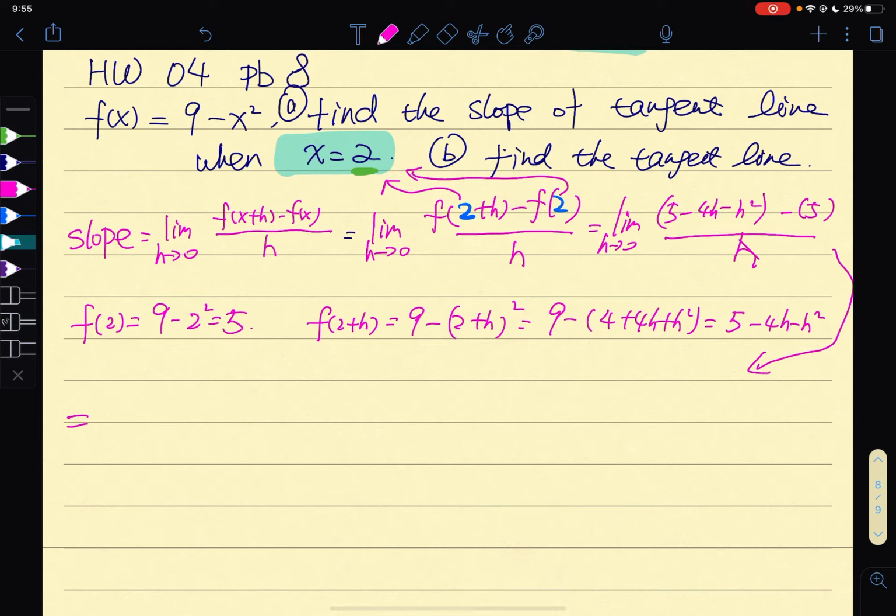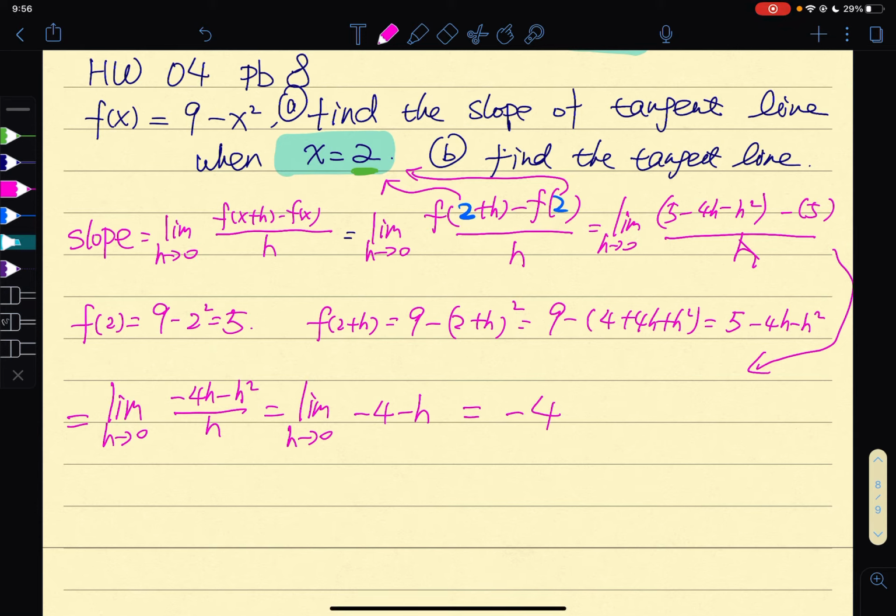Therefore it's the same as the limit as h approaches 0 of negative 4h minus h squared over h, since the 5 cancels out. If you factor out the h from the numerator, this is what you end up with, and if h were 0, you end up with negative 4, so that's my answer for the first problem.